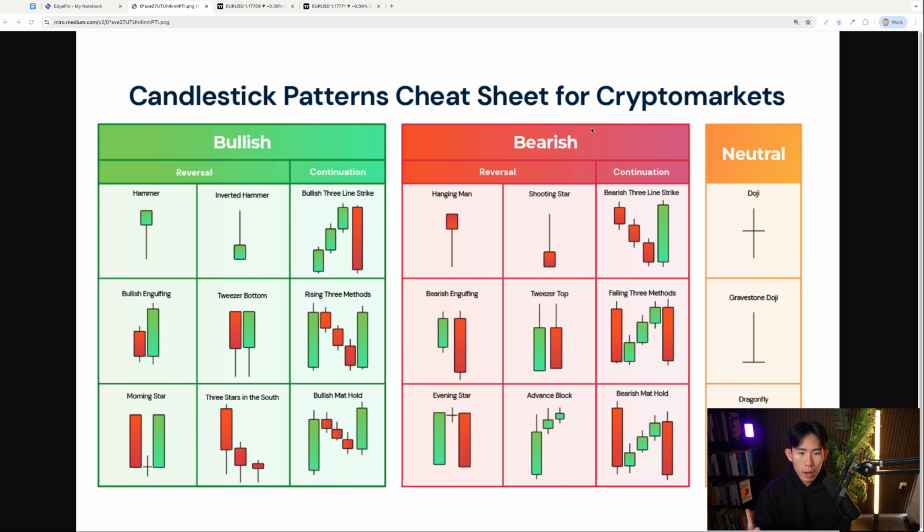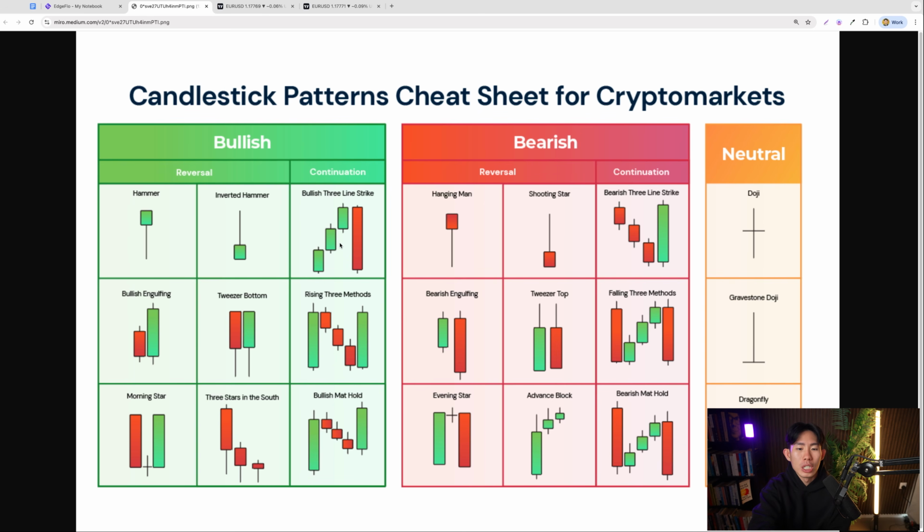The candlestick pattern is as important as the context in which the candlestick pattern appears. So if you see this bullish three-line strike, but the market is actually in a downtrend, what tends to happen is that after this candlestick pattern is formed, you should be entering for a sell instead of entering for a buy, because the prevailing trend direction is actually bearish.